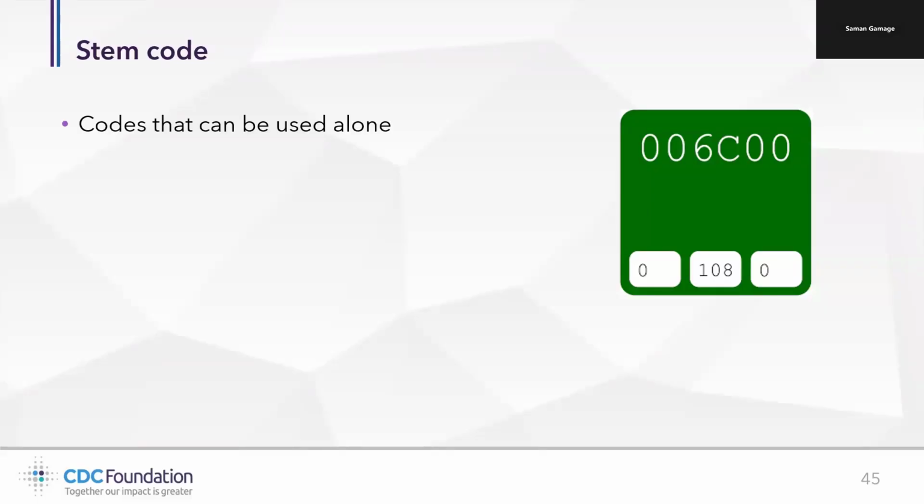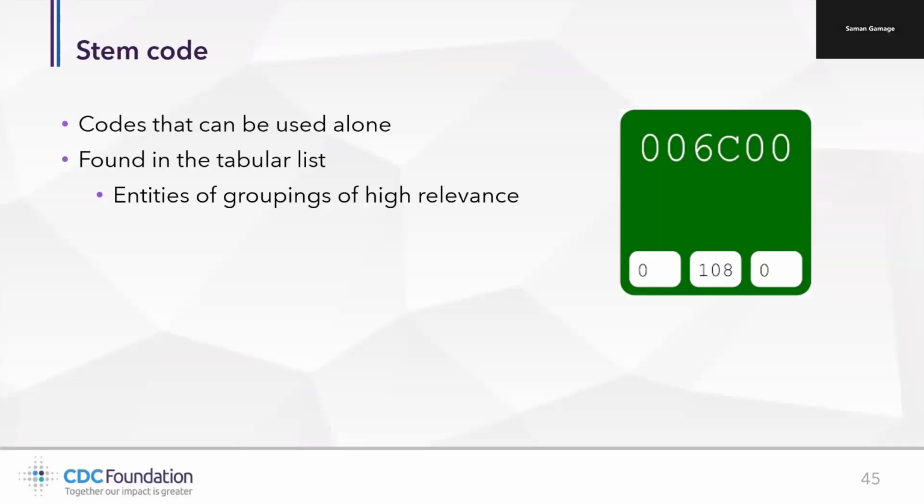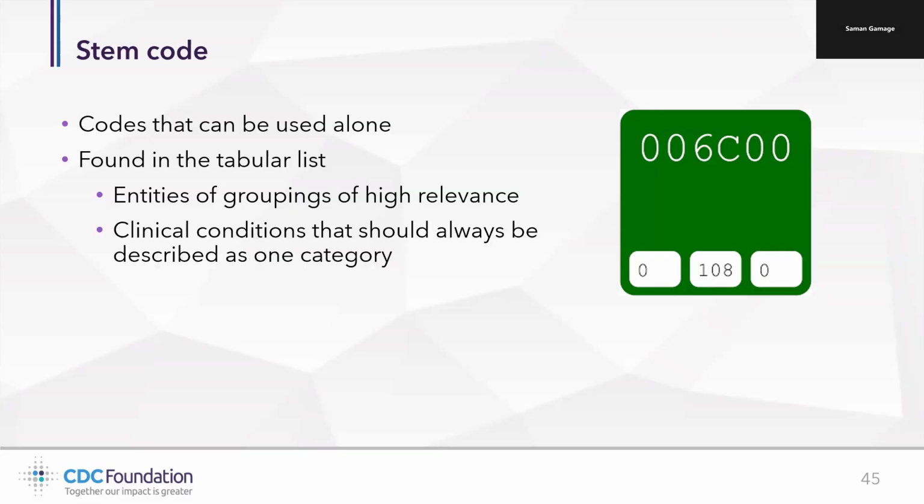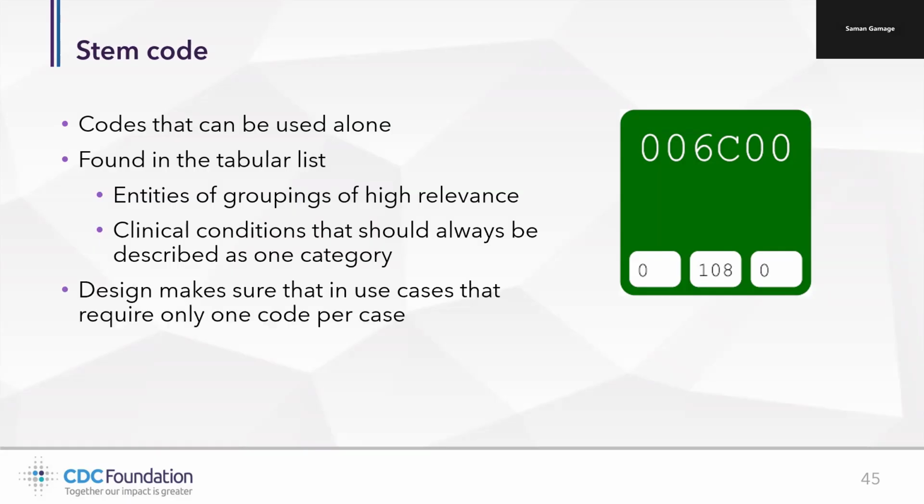Stem codes are the codes that can be used alone, and they are found in the tabular list of ICD-11, and they are the entities of groupings of high relevance. A clinical condition that should always be described as one category is represented by stem codes.